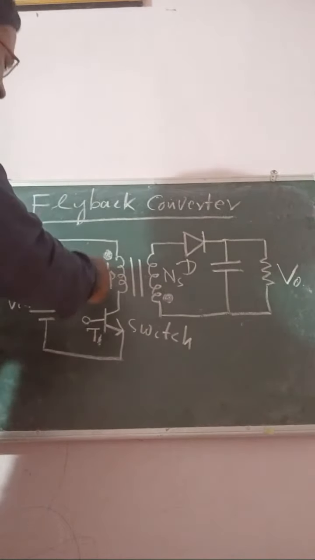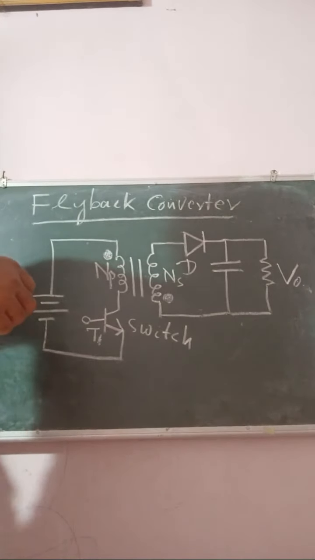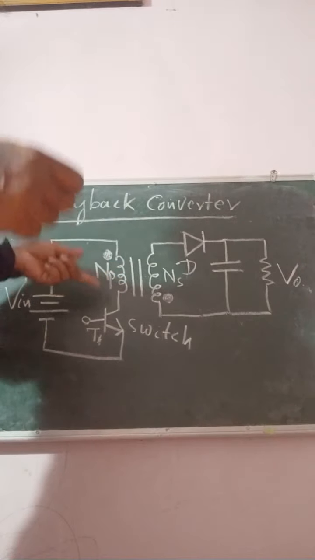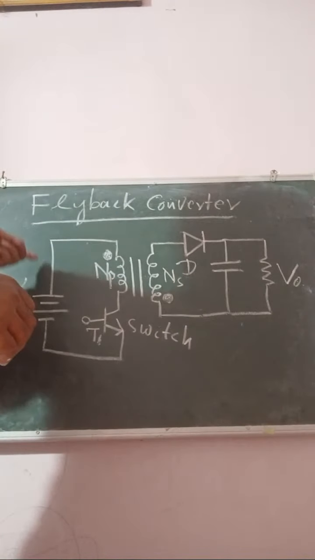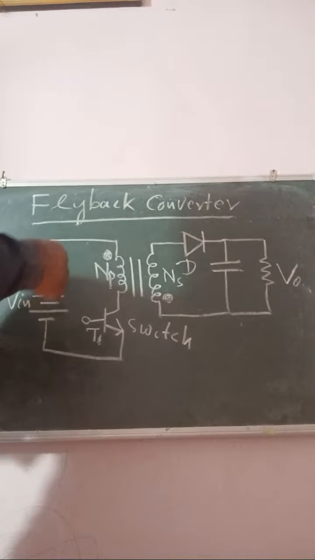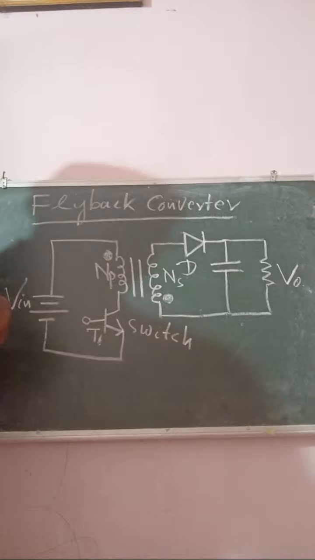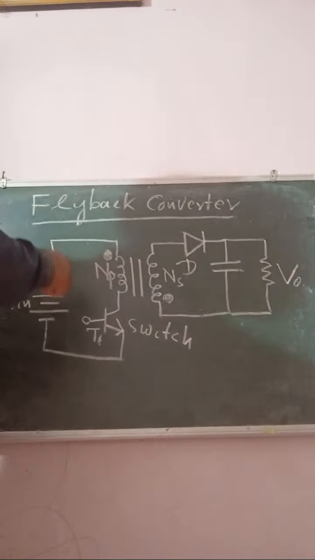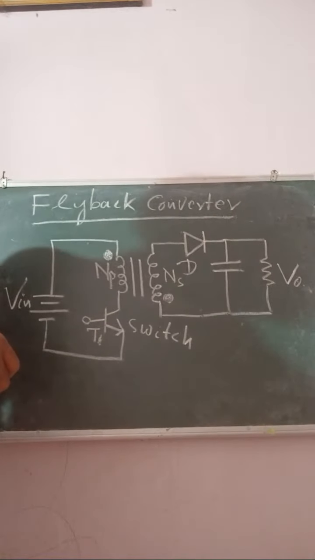But as this converter has the isolation facility, it can be used widely for low and medium power supply, so that the operator and equipment connected to the source are 100% safe.